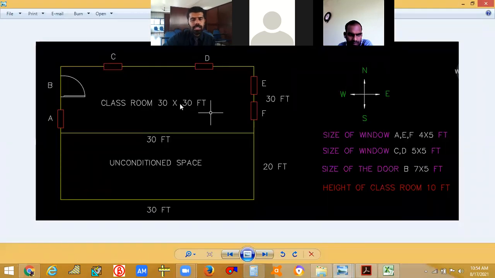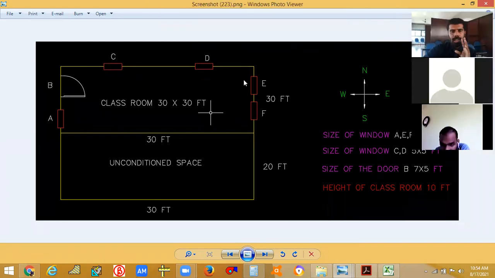In our question, we are assuming that all these walls are exposed to sunlight. This is east; we can see north, south, west, and east as the orientation. From this side, sunlight will be hitting your wall, here also, and here also.